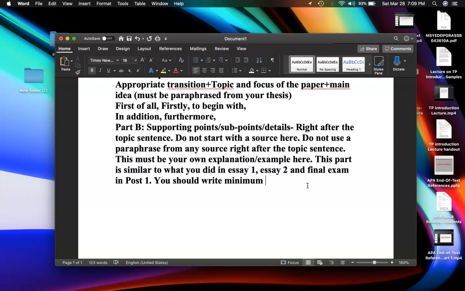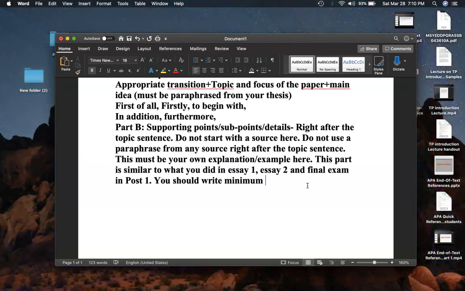It's exactly similar to writing your essays in post foundation 1, because that was the most recent essay writing for you. So you should write minimum 2 to 3 sentences here before adding your source.